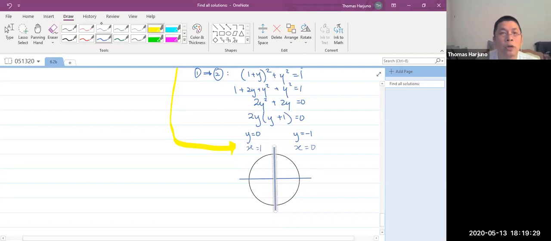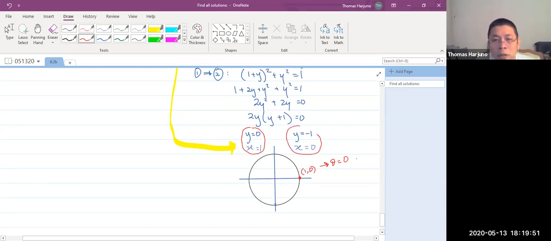The first coordinate, 1, 0, is here. What's the angle? Theta equals 0. The other one is 0, negative 1, which is here.